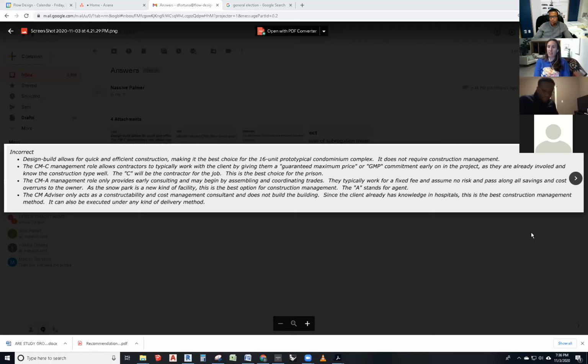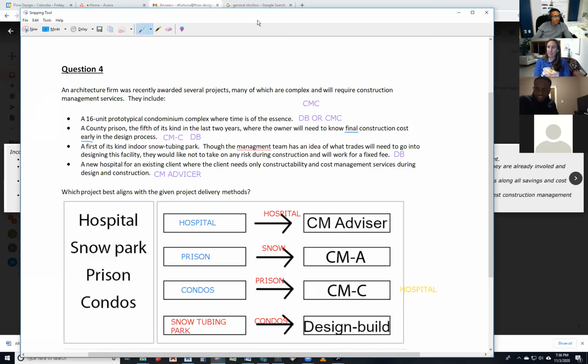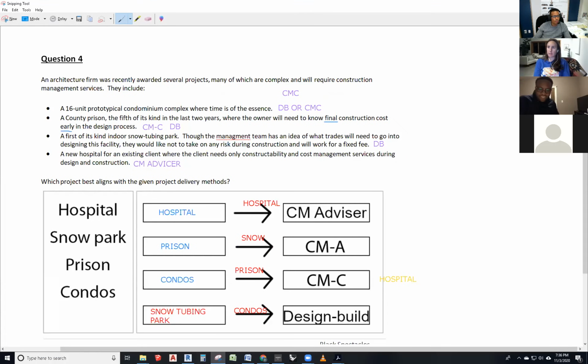I can tell you my thinking quickly, in comparison with all the answers. I didn't know what to do with the snow tubing park. It's a weird question because I feel like they are interchangeable.